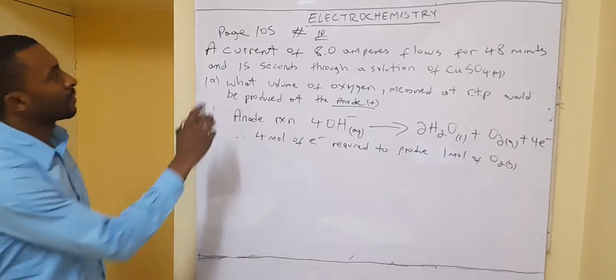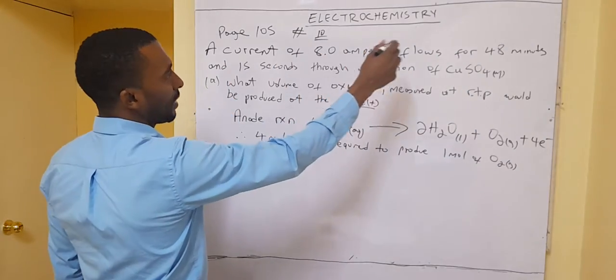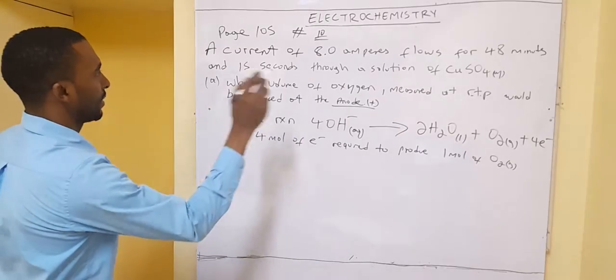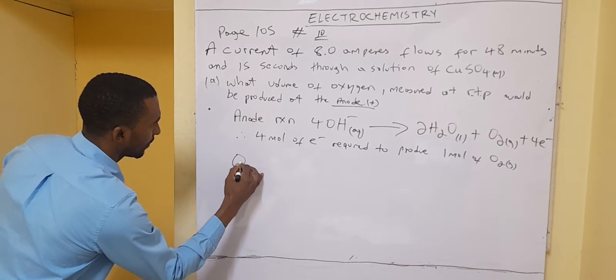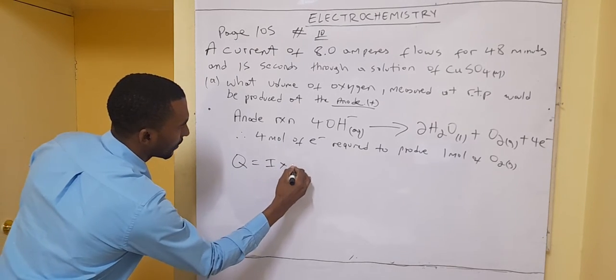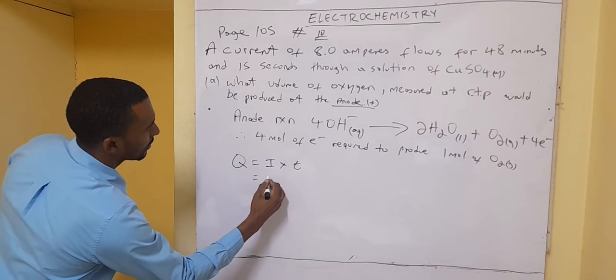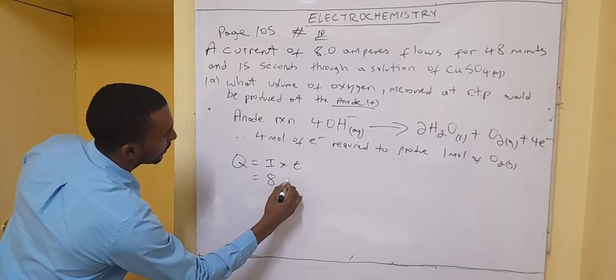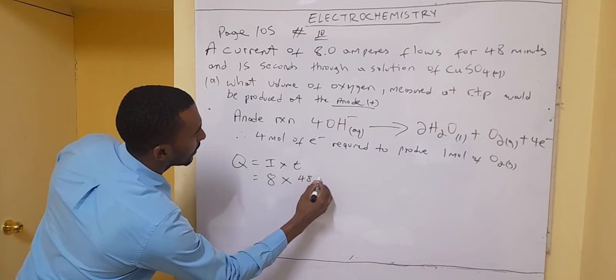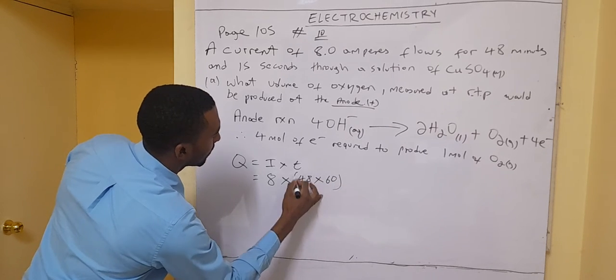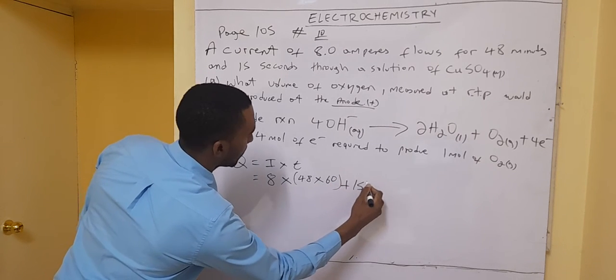Good. So a current of 8 amperes flows for 48 minutes, right? So remember that we need to calculate the quantity. So this is 8 here times, the time is what? 48 times 60 plus the 15, right?